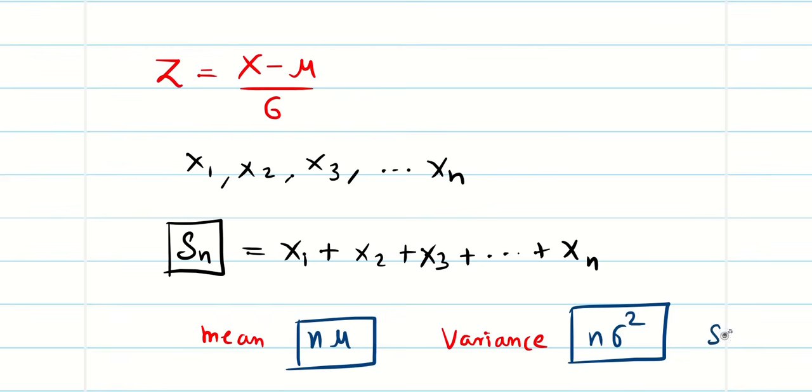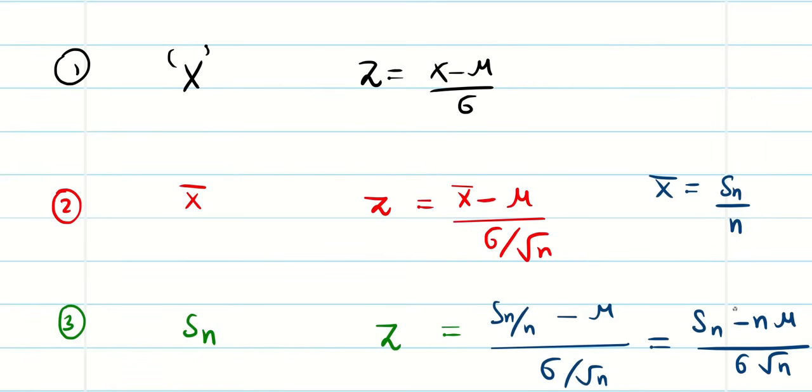Therefore my standard deviation is sigma root n. Now you can see here my mean is n mu, standard deviation is sigma root n.